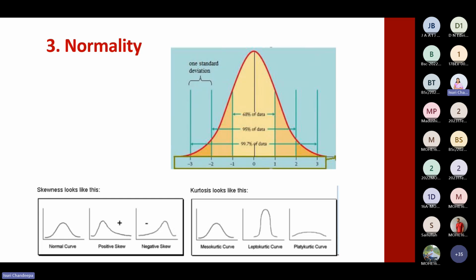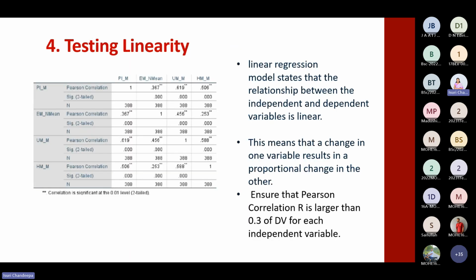We can test kurtosis and skewness. You can measure the kurtosis and skewness to identify whether it is normally distributed or not. Meanwhile, you have the chance to draw the normality curve through scatter plots to test the normality. Right. The next one, testing the linearity.